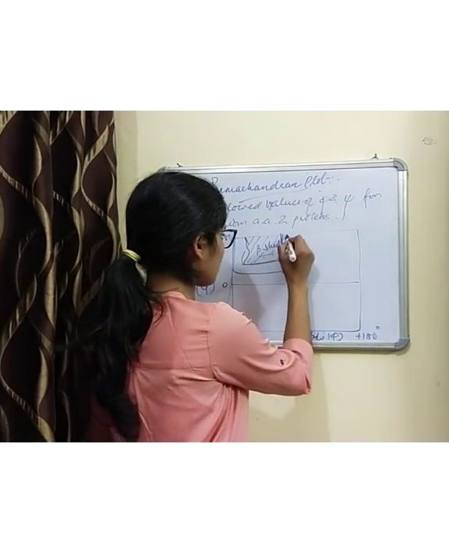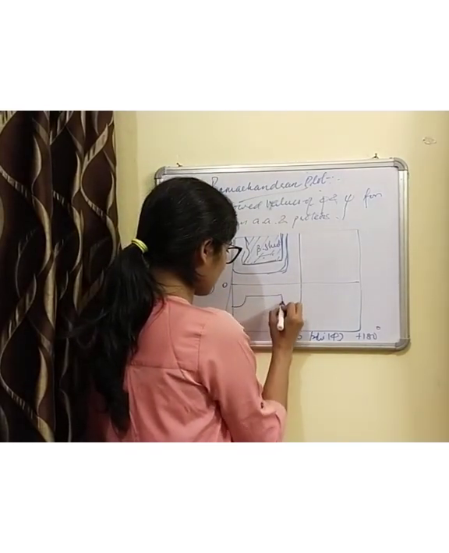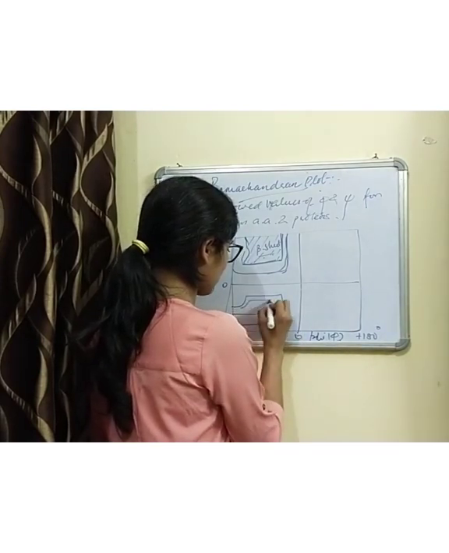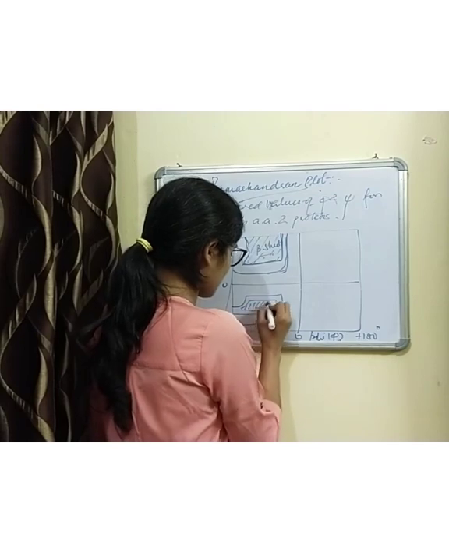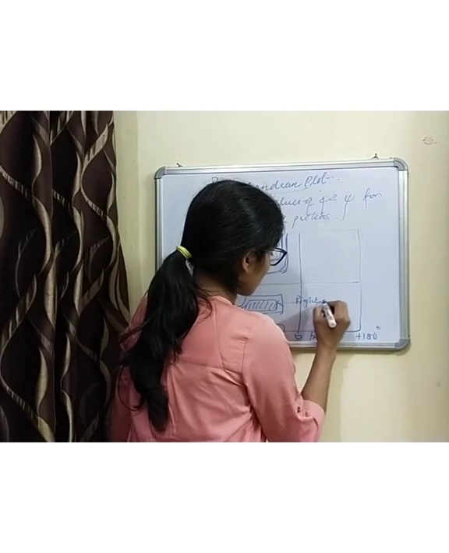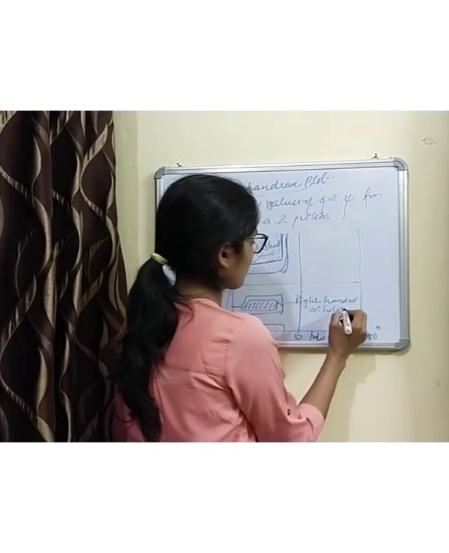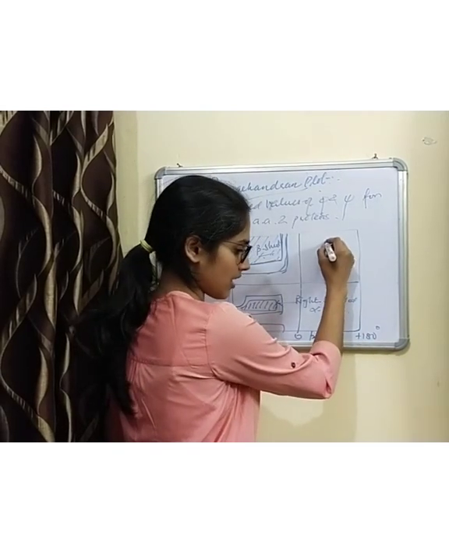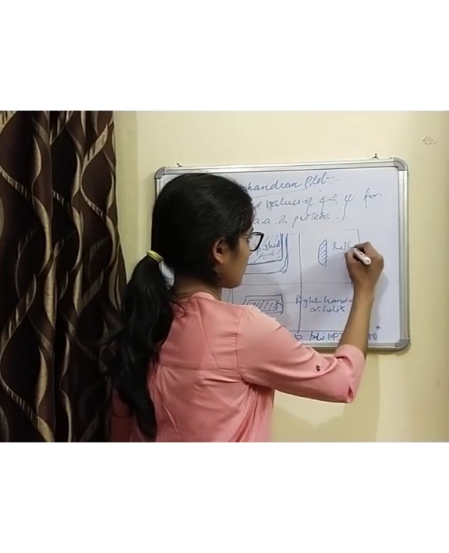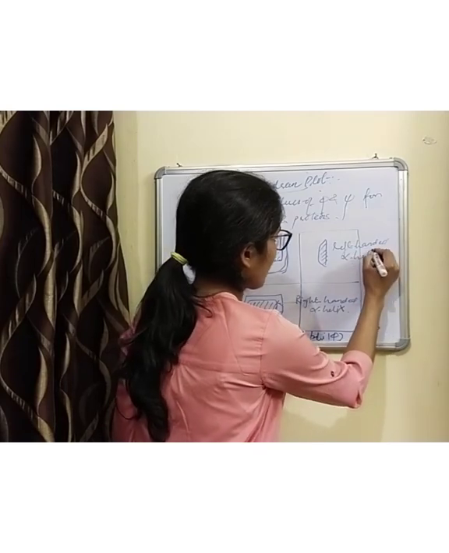Then there are certain areas over here, this is right-handed alpha helix, and here it is left-handed alpha helix.